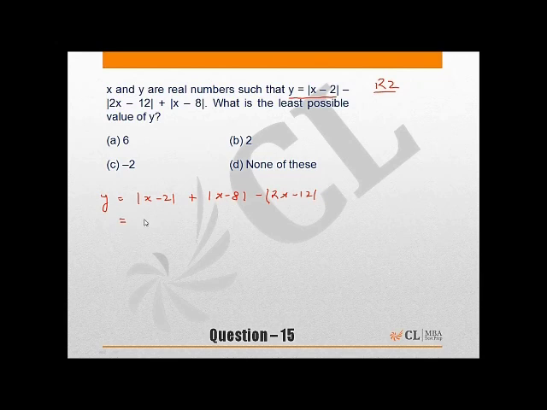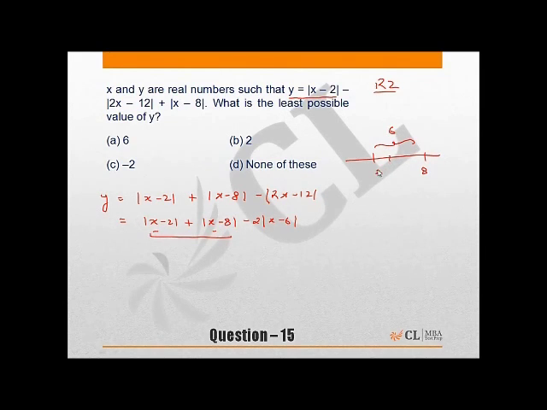I can rewrite this as mod of x minus 2 plus mod of x minus 8 minus twice mod of x minus 6. Now let me look at these two items first. If you draw the number line, x equal to 2 and x equal to 8, and x lies between 2 and 8, these two, mod of x minus 2 and mod of x minus 8, will always be equal to 6.